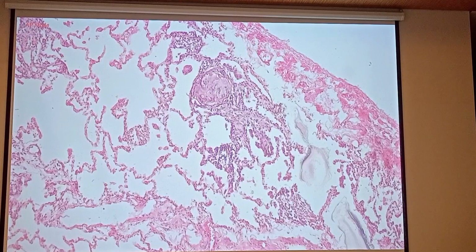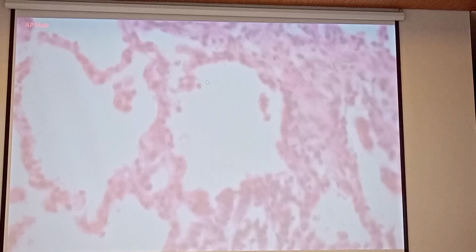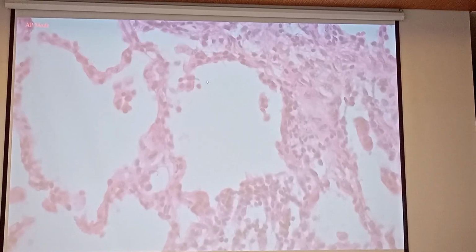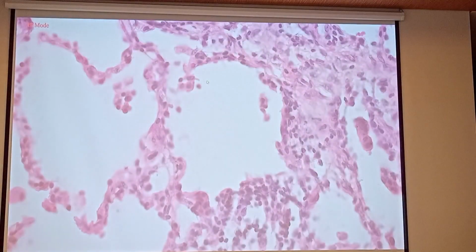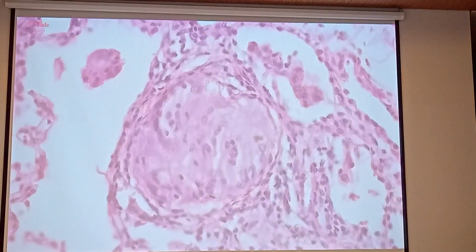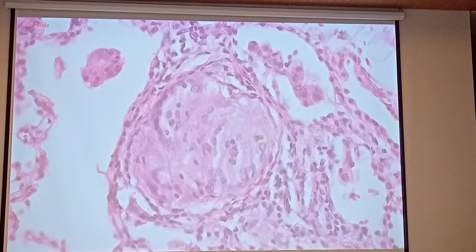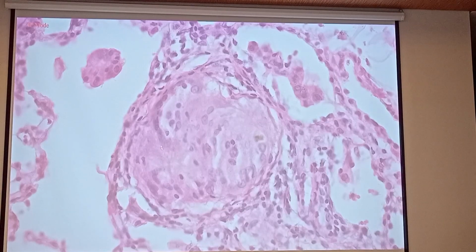These are your giant cells. Medyo hindi klaro yung cytoplasmic border niya. So you can see that there are numerous nuclei within this one big cell. I suppose that's another big cell right there. Another big cell right here.